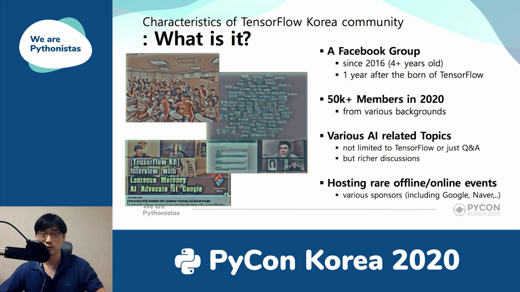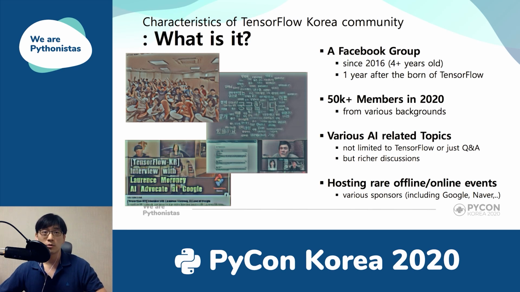I mean the TensorFlow Korea community, not the TensorFlow framework. That was just a year after the birth of the TensorFlow framework. And we reached about 50,000 members about a month ago. It was a very important milestone for our community. So the newsletter service that I will explain was designed for self-celebrating and as a returning-back event for our community members.